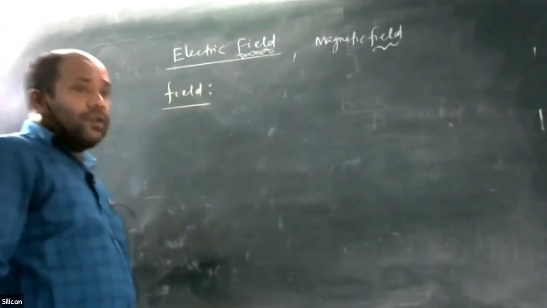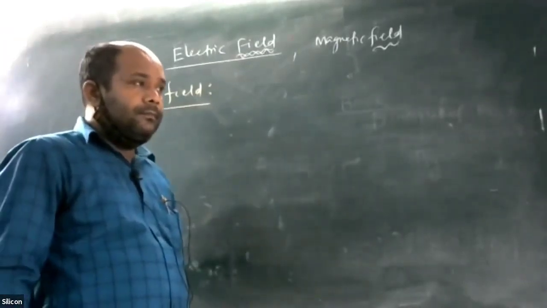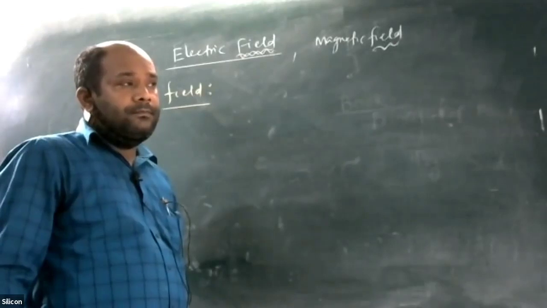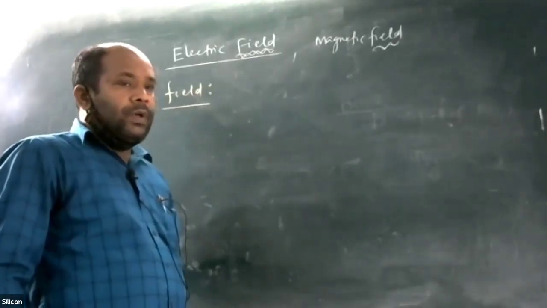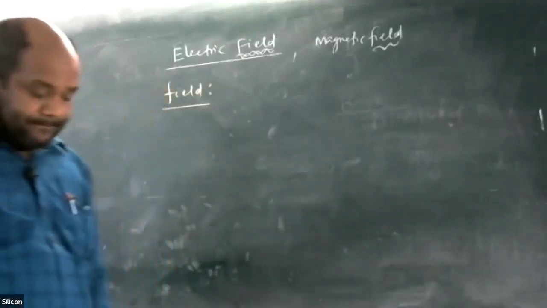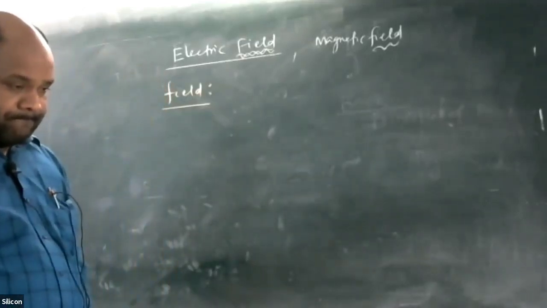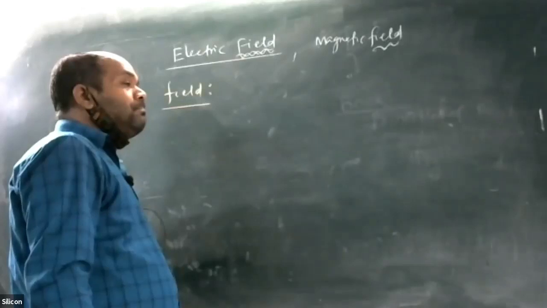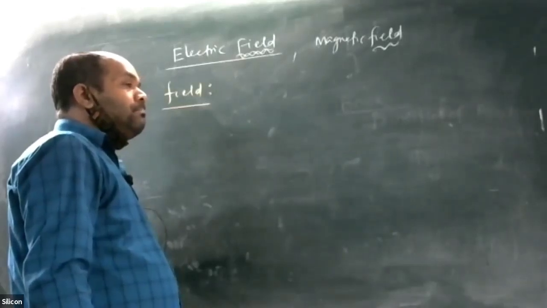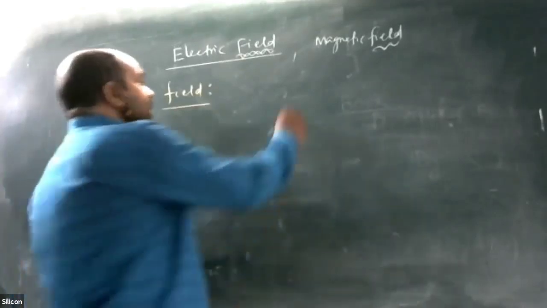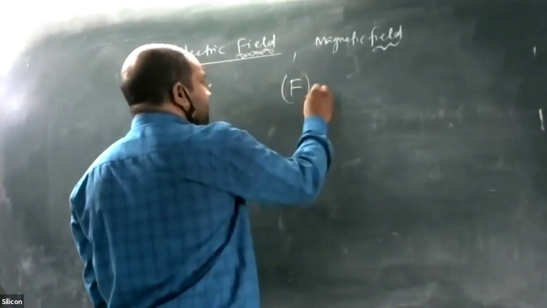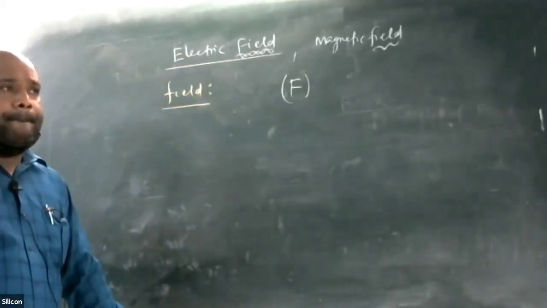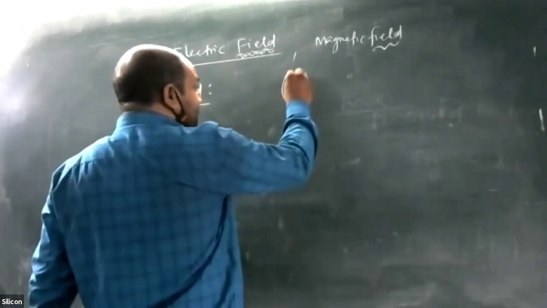Field is a mathematical structure which is defined over a set. The set is F. I am saying this F is a set.